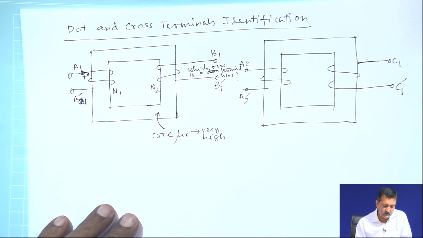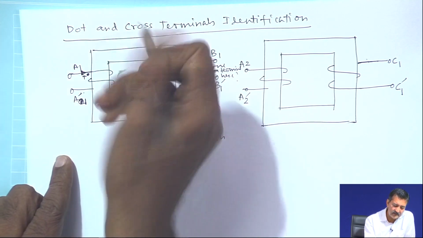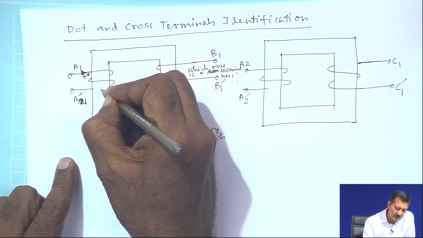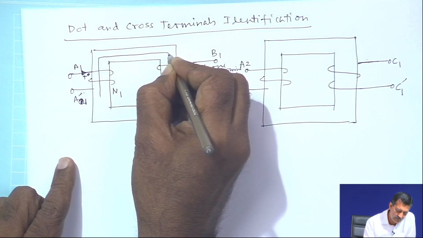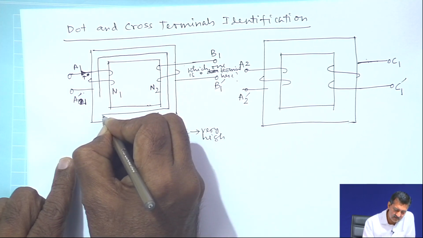So, what I do is, first I look at it this way. If this is the current direction, then from the right hand rule I know the current flux direction is going like this; the flux lines due to the current in this will be going like this.